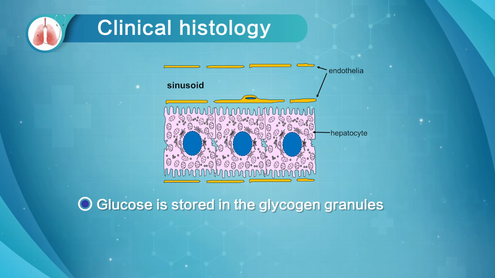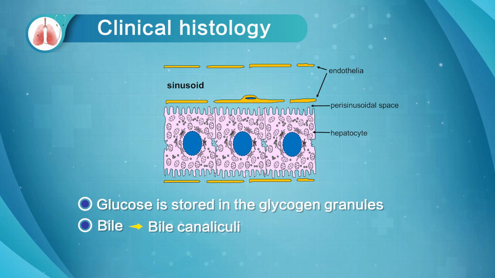Most of the material for metabolism is taken up from the perisinusoidal space for processing and will be released back to the same space. Bile will be secreted into the bile canaliculi, which flow from the center to the periphery of the lobules and to the bile duct in the portal area.